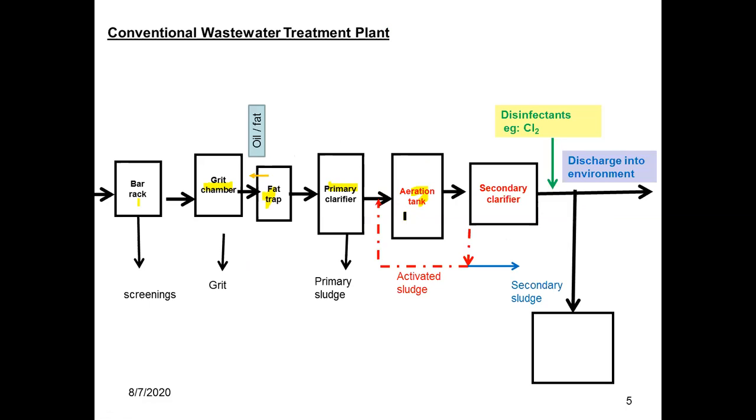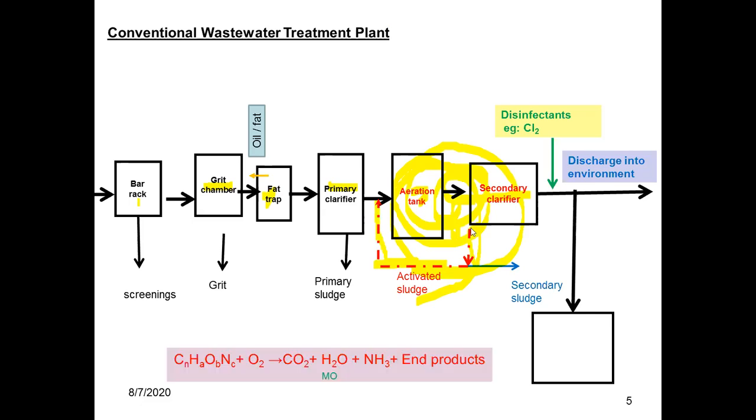They digest the organic matter. Then it is sent to the secondary clarifier. Then part of the secondary sludge is recycled back to the aeration tank. These two components together are called the activated sludge process. Okay.